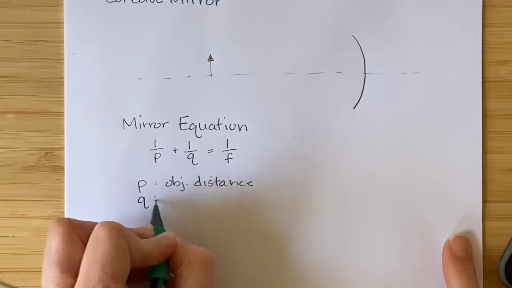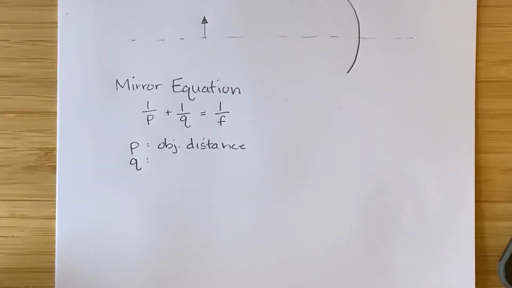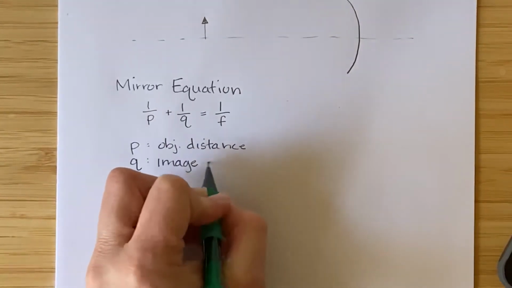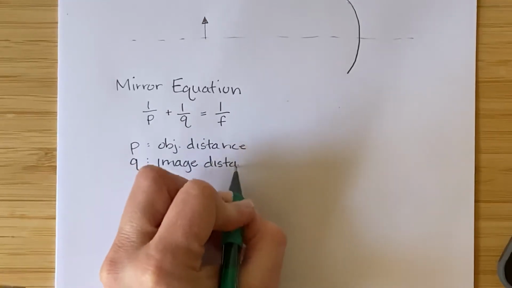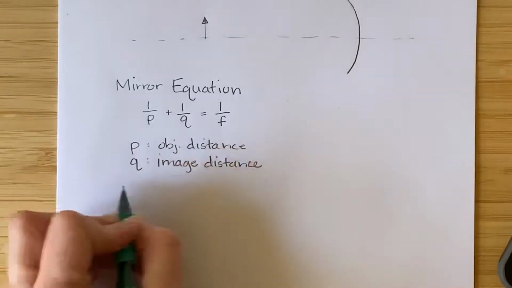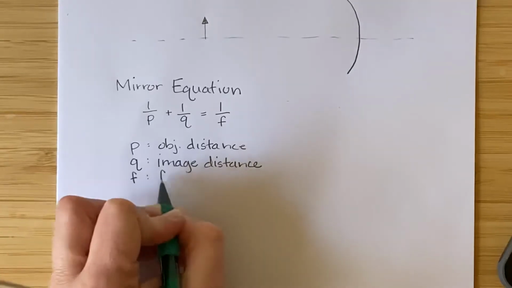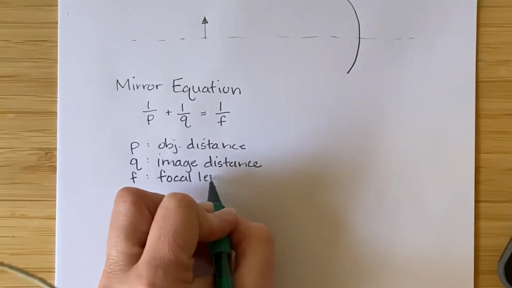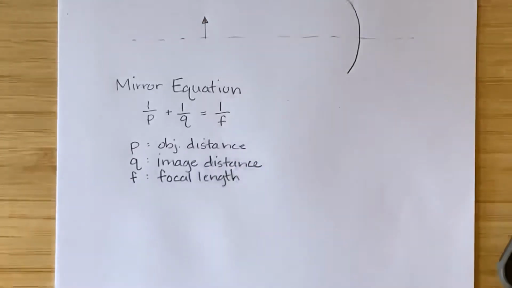Q is the image distance. And F is the focal length. You could also call it the focal distance.